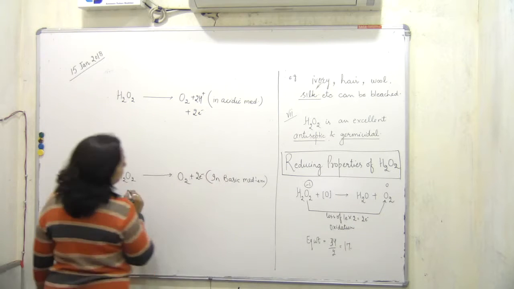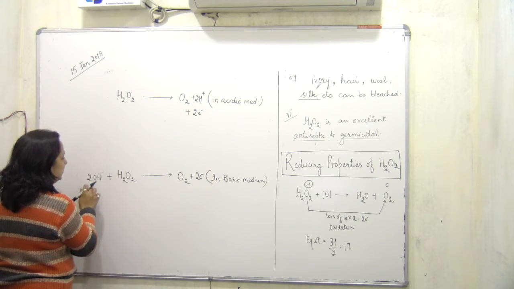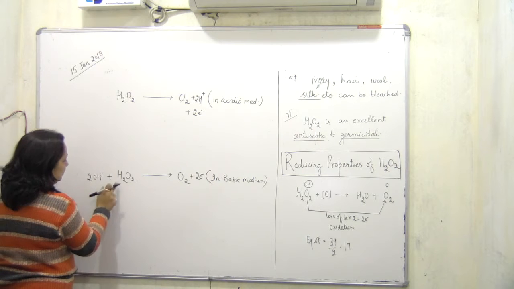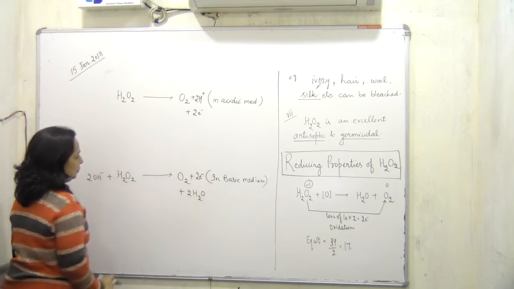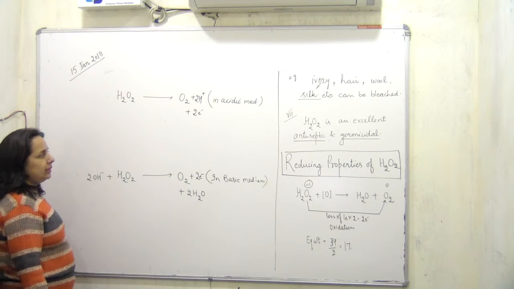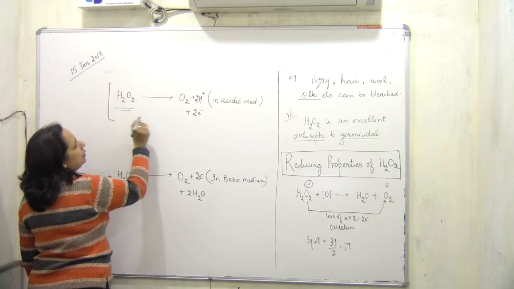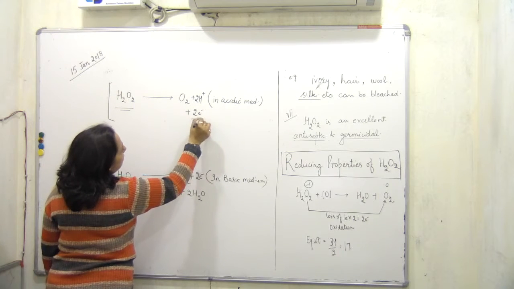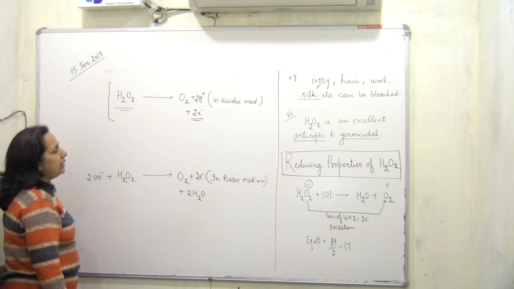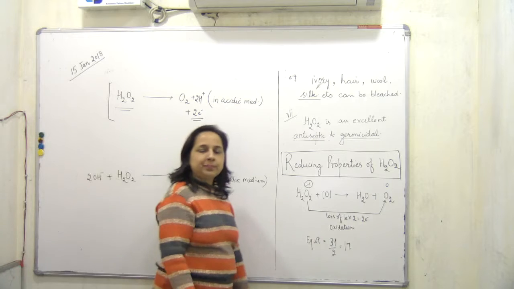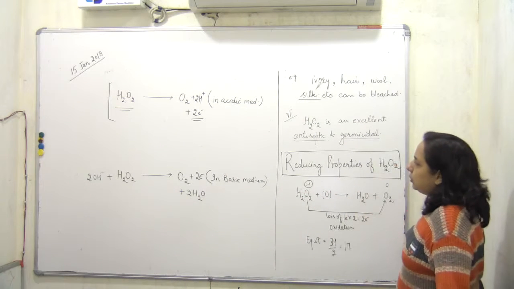In basic medium, it can be balanced by adding OH negative ion. Right? There is hydrogen peroxide going for oxidation, therefore acting as a reducing agent. The hydrogen peroxide is giving us O2 plus 2H positive plus 2 electrons.